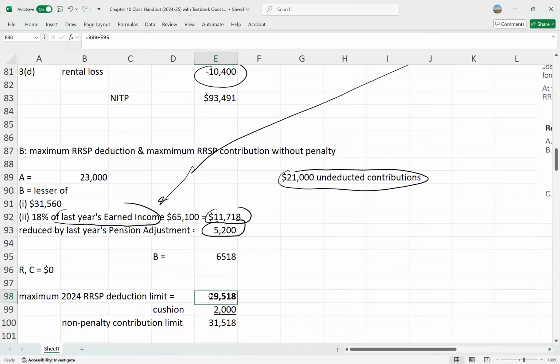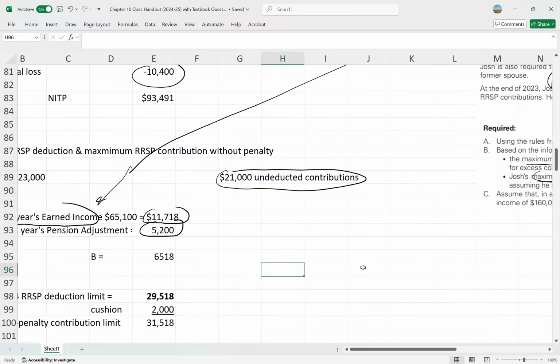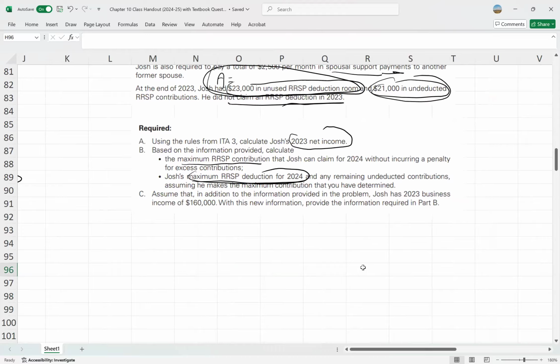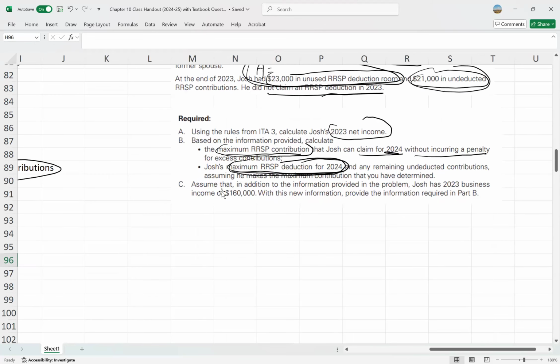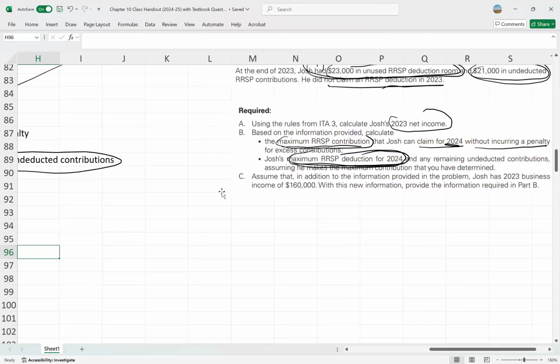And so let's just go back and see what the question is asking and see if we can answer the specific questions. So the maximum RRSP deduction limit, that's the 29,518. They also asked, what is the maximum contribution that he can claim for 2024 without incurring a penalty for excess contributions? So it's kind of, to me, poorly worded. It's maximum contributions that he can claim.